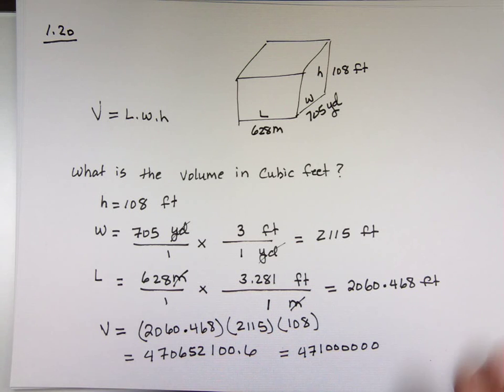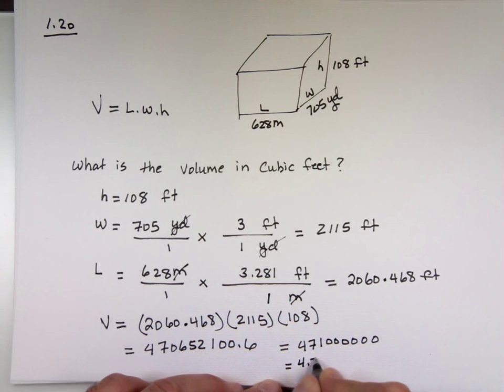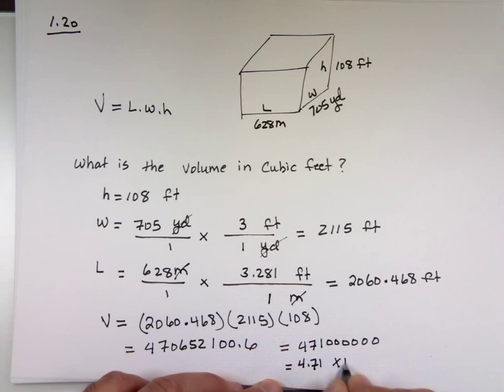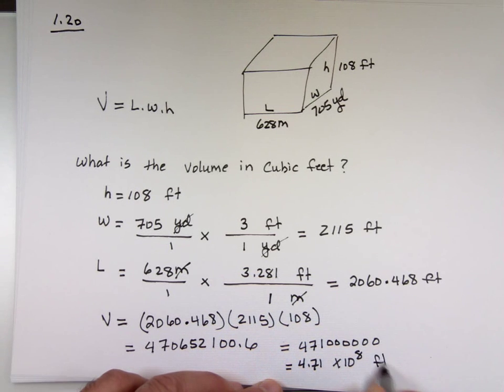I can leave it like this, or I can write 4.71 times 10 to what power? 1, 2, 3, 4, 5, 6, 7, 8, to the power of 8 cubic feet.